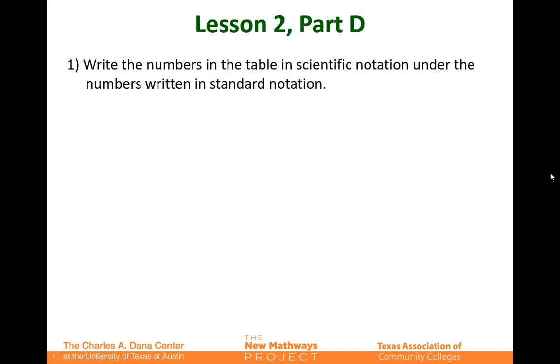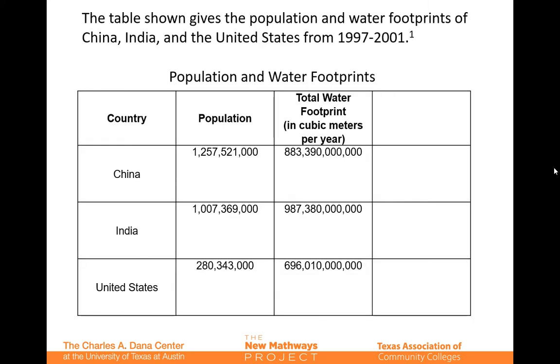Write the numbers in the table in scientific notation under the numbers written in standard form. All right, you just did that, but it'll be good practice to do it again. I'm going to do 1.2, and I have to decide, is it 5 or 6? I look at that, it's going to be 6 times 10, and then I move the decimal from right here, the end of the number, 3, 6, 9 places.